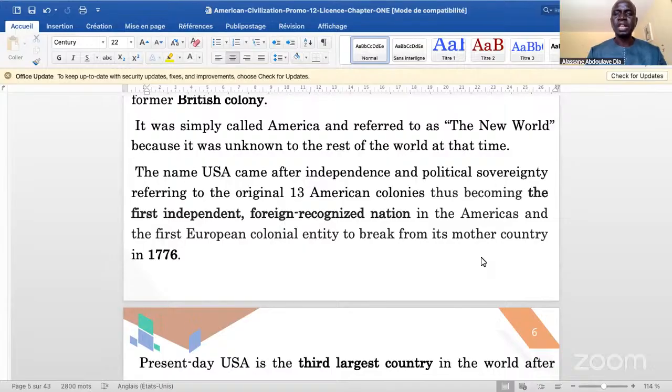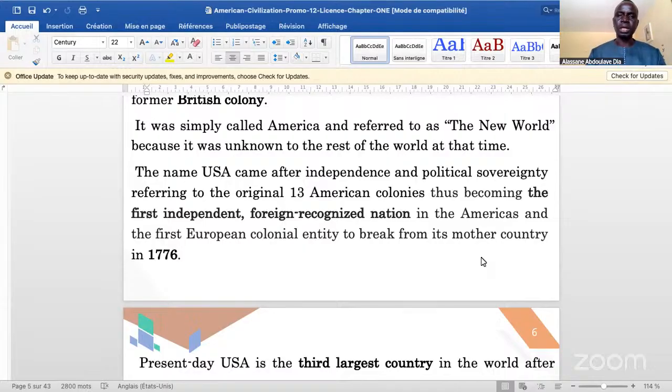It is after the country took its independence. It was a colony. There were 13 American colonies. When the 13 American colonies became independent, now they were politically free, and that was in 1776. 1776 marks the independence of America.